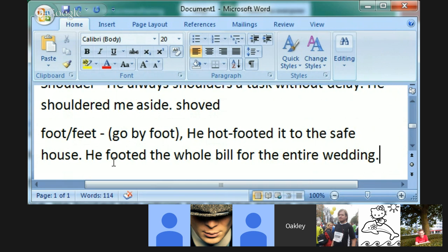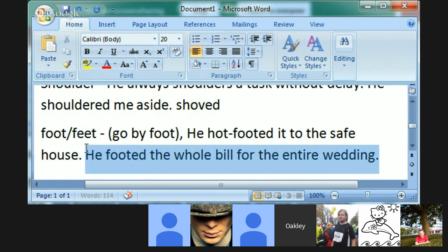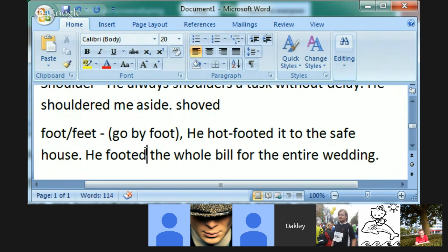So Sasha, what do you think that means? It means he paid, I guess. He paid the whole bill. Yep, if you're going to foot the bill, and really that's a very strong collocation, because that's what you use the verb for. I think it's slang, yes?